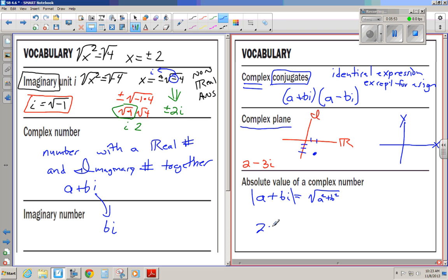So if you had 2 minus 3i, you would find the absolute value by doing the square root of 2 squared plus -3 squared. And this just tells you the distance a complex number is from the origin.